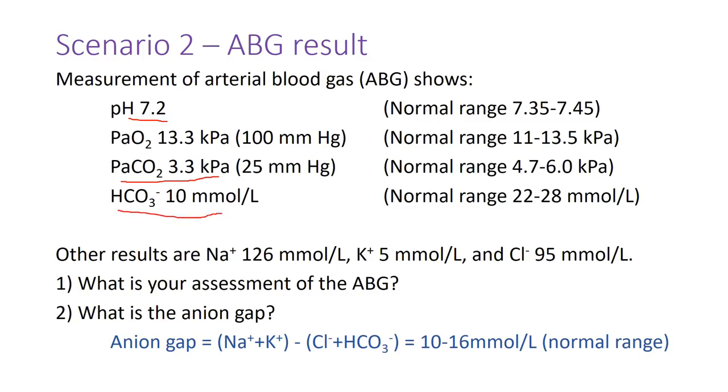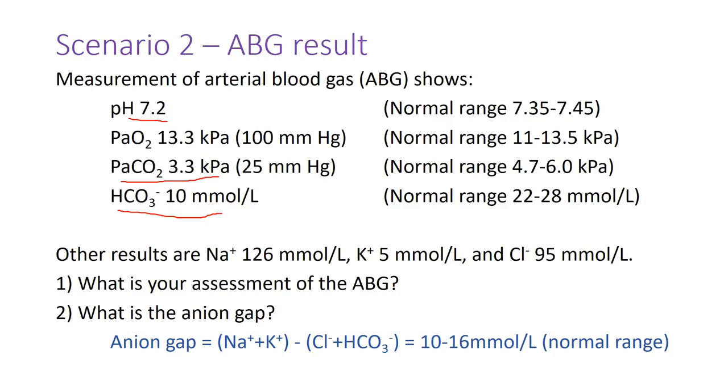It's a metabolic acidosis because the bicarbonate has dropped. So what's happening is that the respiratory system is compensating for this metabolic acidosis. Remember from the scenario that the young boy had Kussmaul breathing, so it was deep, trying to increase the amount of carbon dioxide blown off.